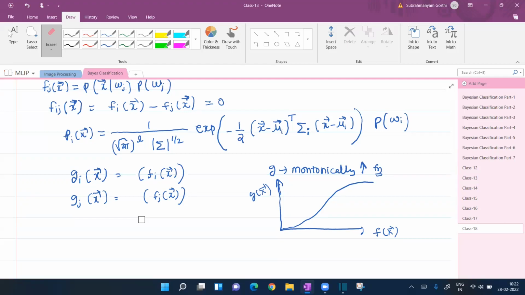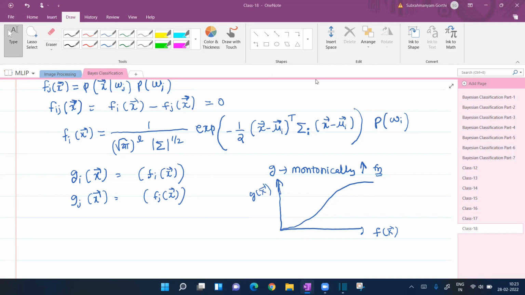Okay. So let me write it as phi of x bar. What is the kind of monotonic function that you would suggest by looking at the expression that I have for phi of x bar? Right, logarithm. One of you had written there.